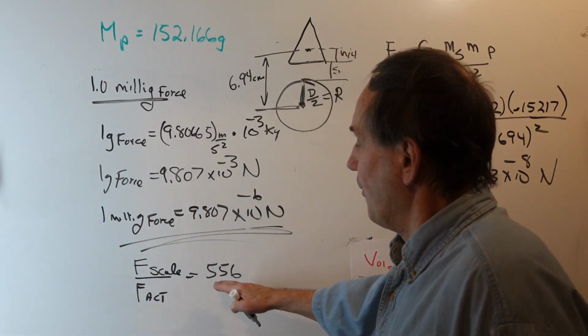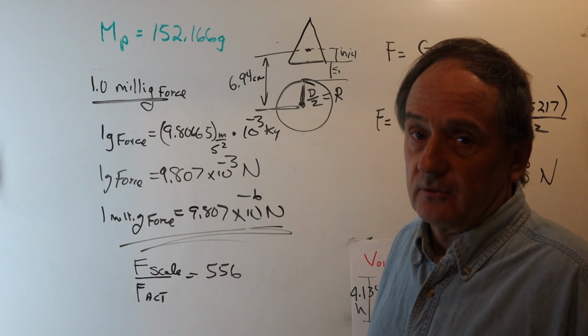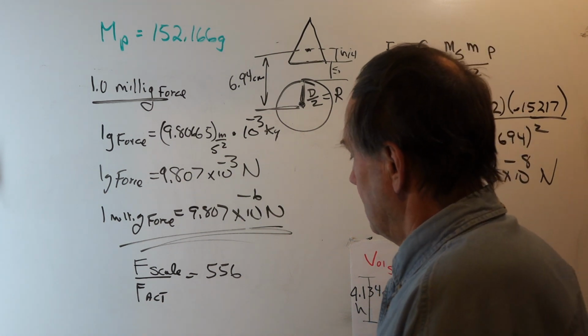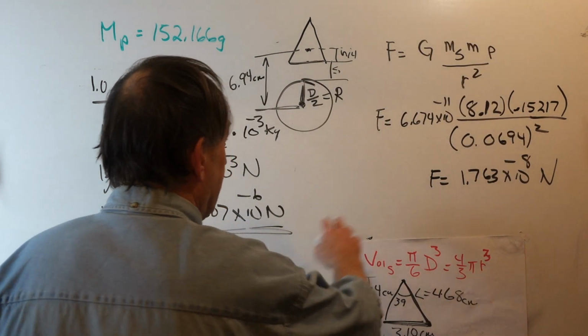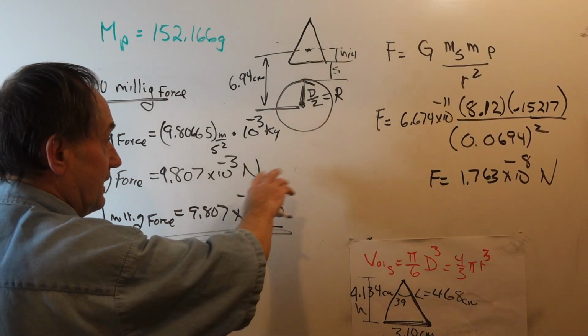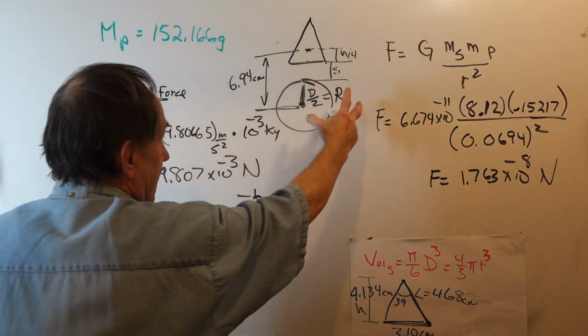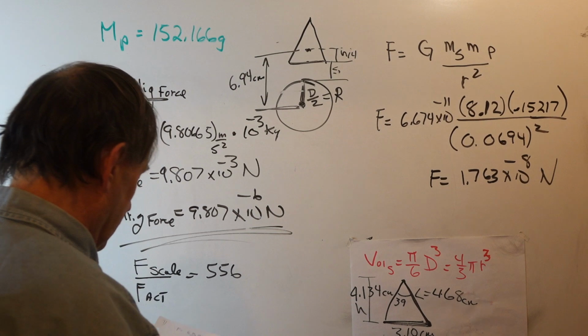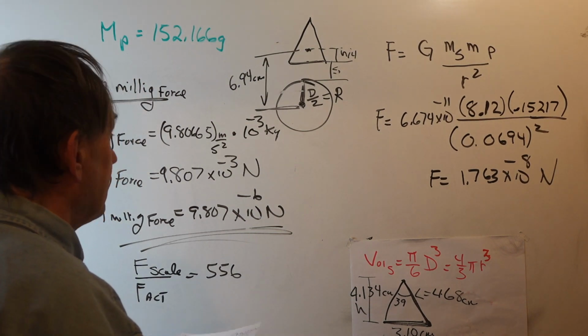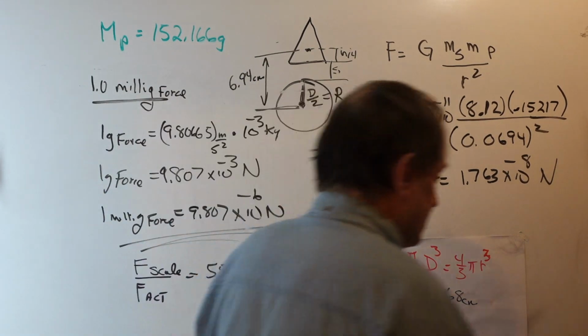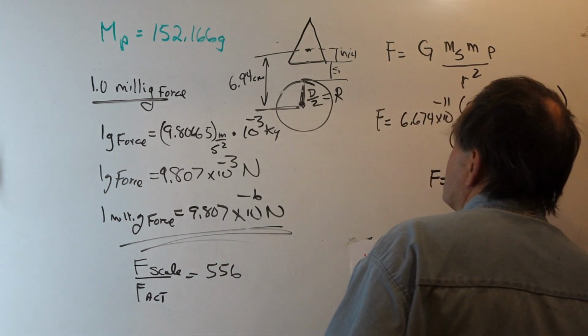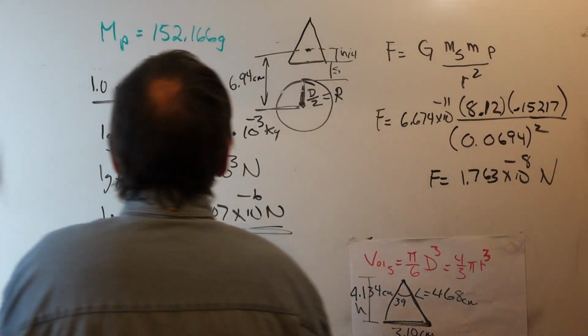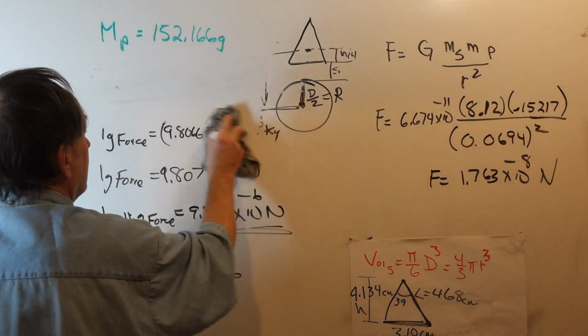We're off by more than 2 orders of magnitude on that scale. There isn't any way that the scale could possibly indicate a force change when that sphere is brought underneath the pyramid.